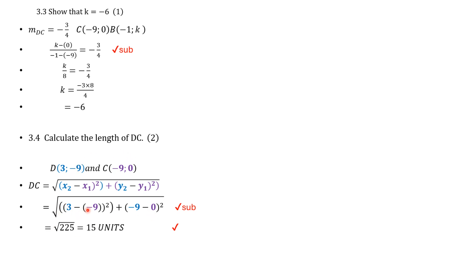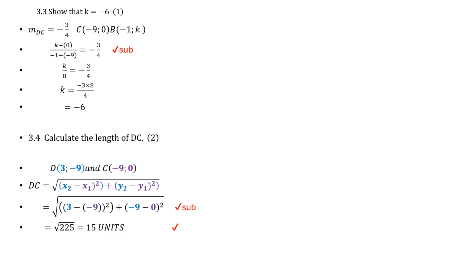So that gives me 3 plus 9 is 12 squared, which is 144. Minus 9 squared, 81. 144 plus 81 gives me 225, and the square root of 225 gives me 15. We weren't given any units, SI units or centimeters, meters, so then we have to write the word units. So this is 15 units long for DC.